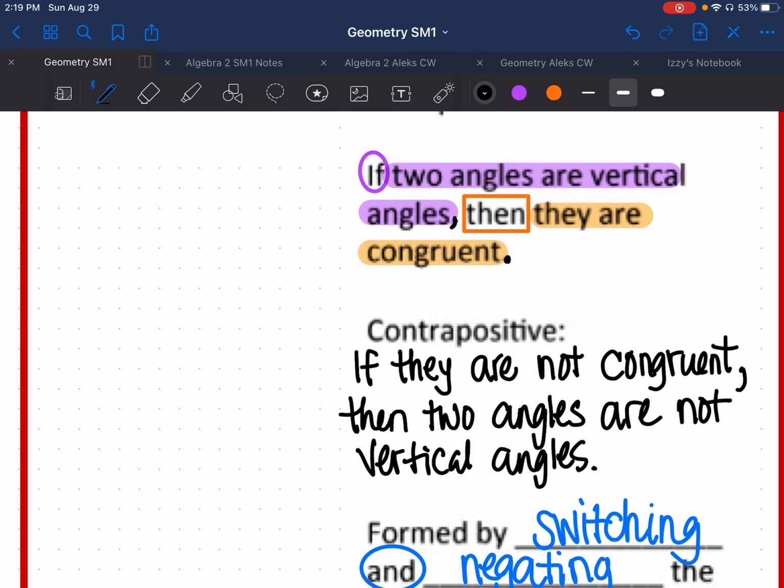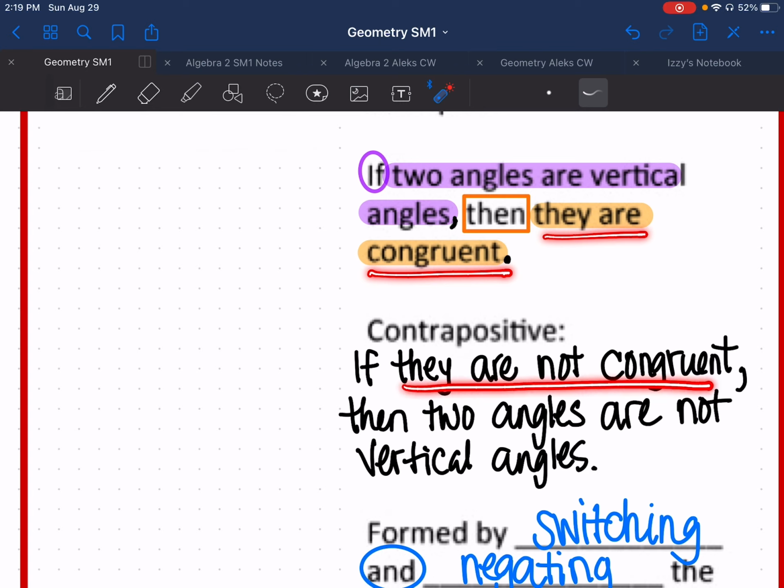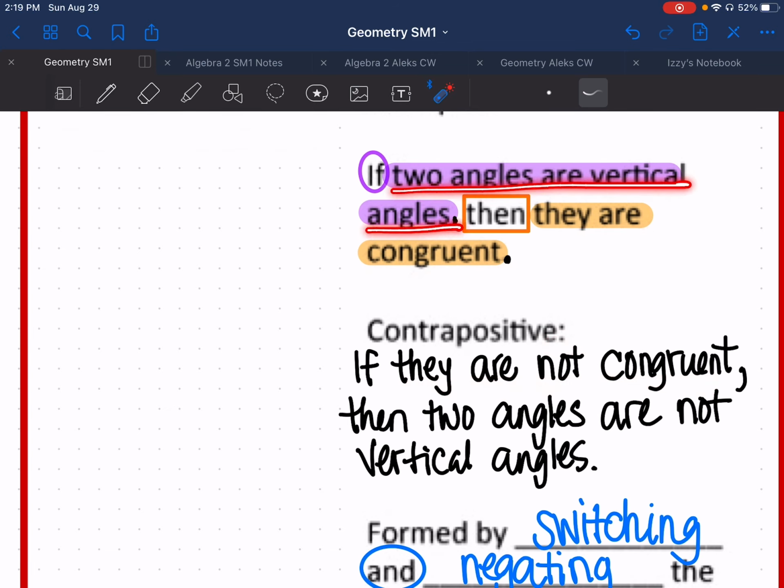Okay, so I just went ahead and switched. Notice they are congruent becomes they are not congruent, because I'm switching and negating. Two angles are vertical angles becomes two angles are not vertical angles, because I'm switching and I'm negating.